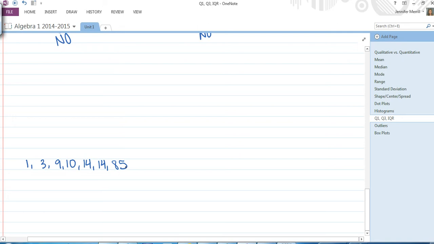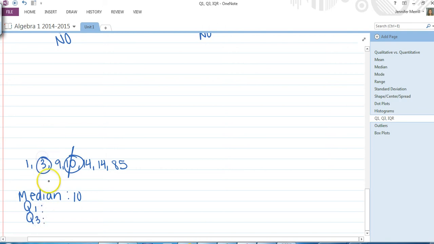So if I look at this, I have 7 numbers, so my median is going to be the 4th number, so 10 is my median. If I get rid of this 10, because there's an odd number of data, I can just find my Q1 and Q3 without including it.